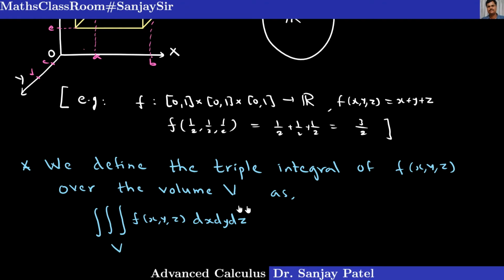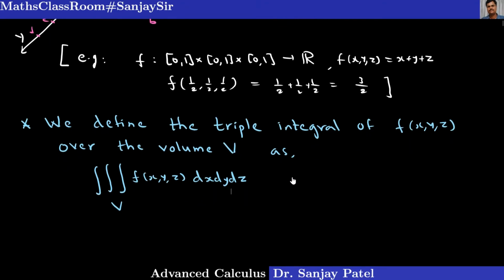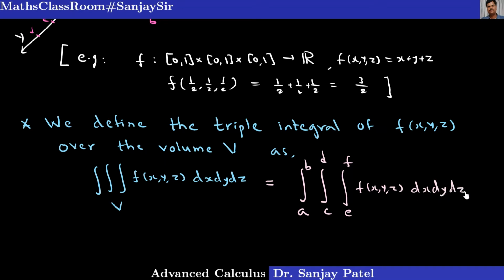According to our convention, we are just going to understand how to compute this. So I am going to define this integral, assuming that it exists. It is defined as the integral a to b, integral c to d, integral e to f, of f of x comma y comma z, dx dy dz.